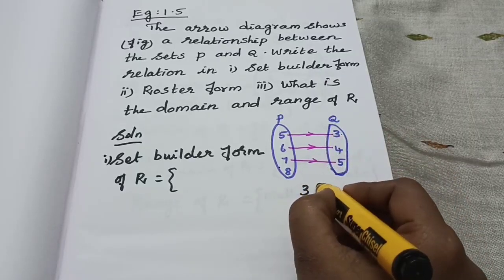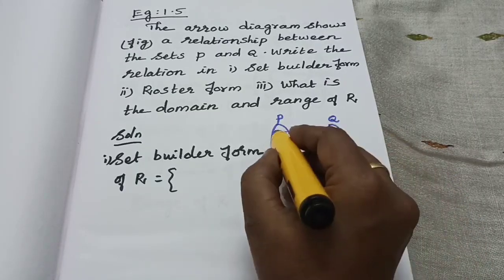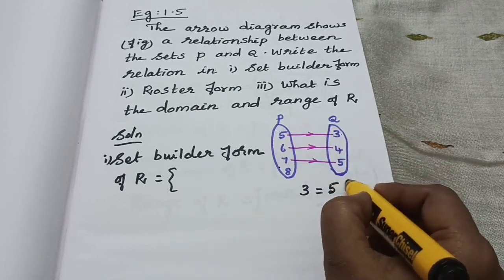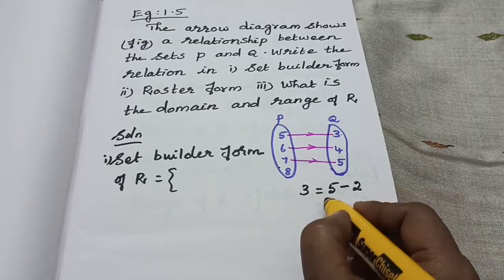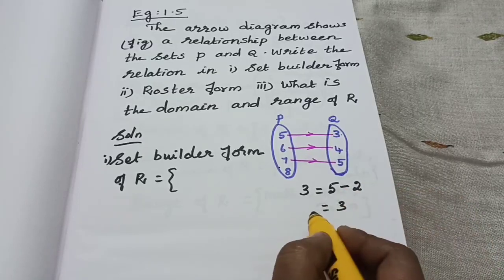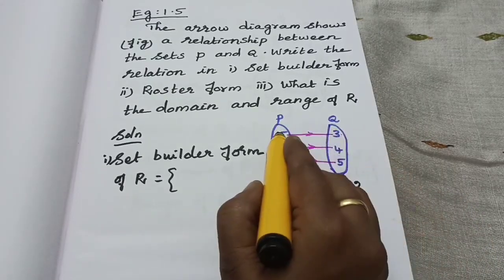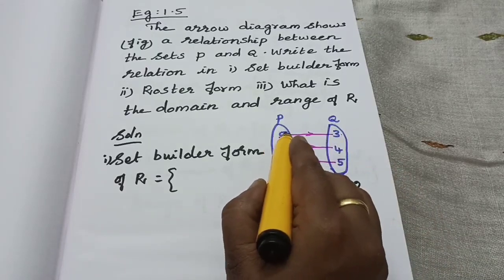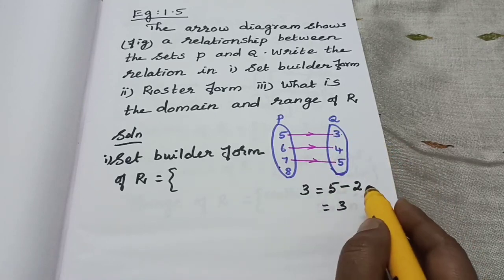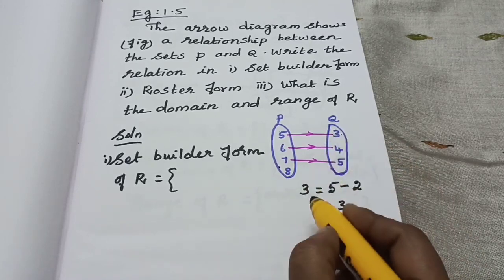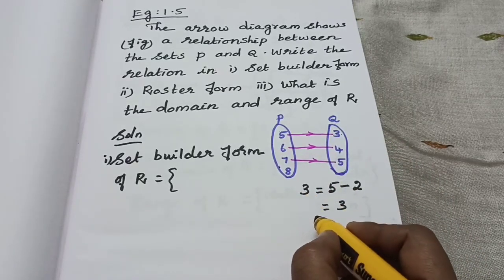That means 3 is equal to 5. From here, we have to subtract 2, then we will get 3, isn't it? Okay. 3 is equal to 5 minus 2. So how can we write the condition?